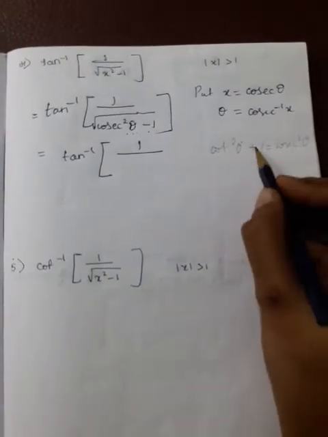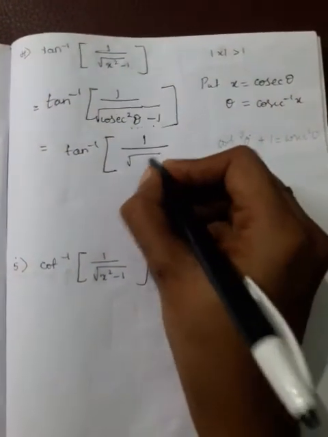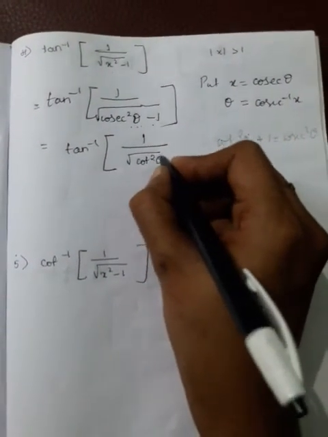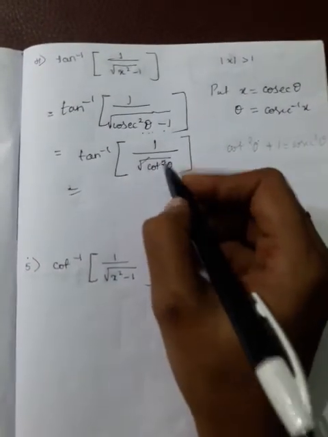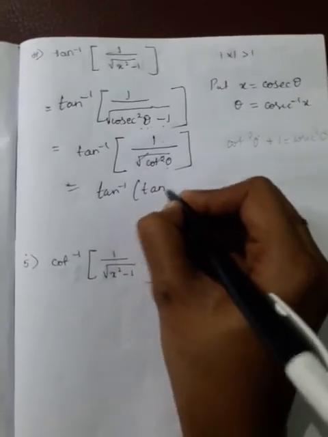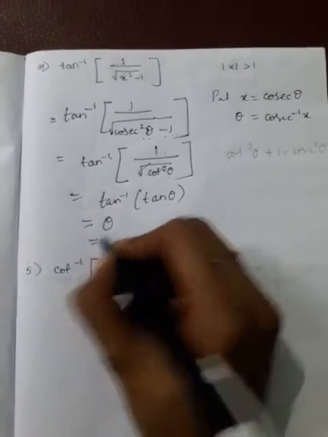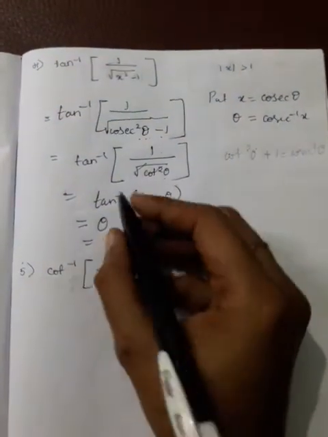Therefore, cosecant square theta minus 1 is equal to cot square theta. That is square root of cot square theta. Square and square root get cancelled. The remaining is 1 by cot theta. What is 1 by cot theta? 1 by cot theta is tan theta. Tan inverse of tan theta is equal to theta. What is theta here? Cosecant inverse of x.